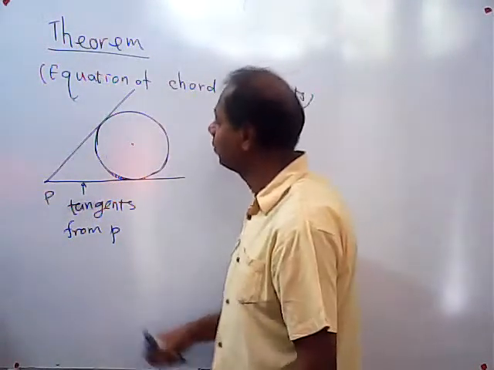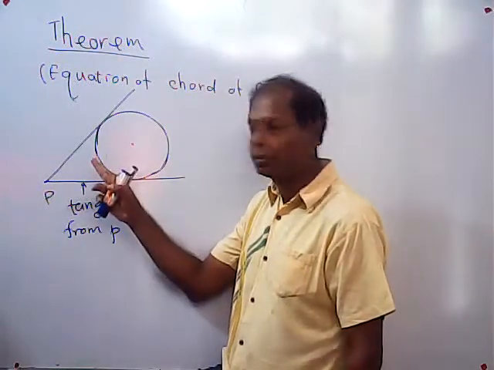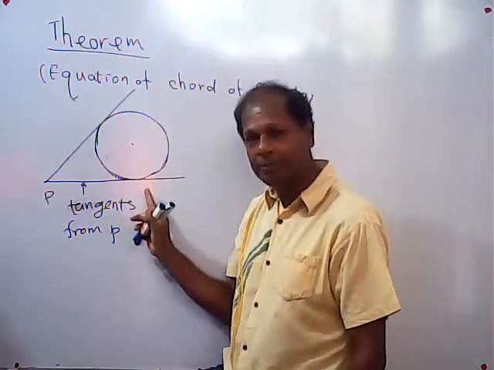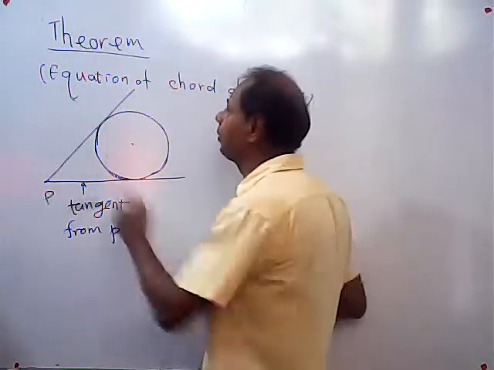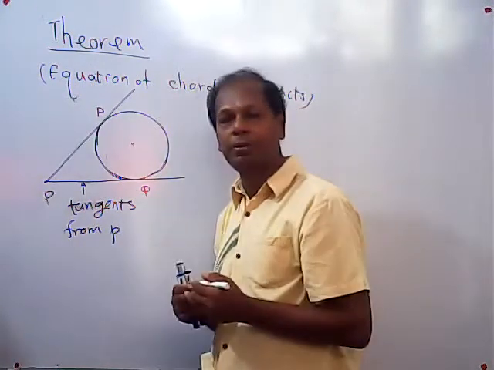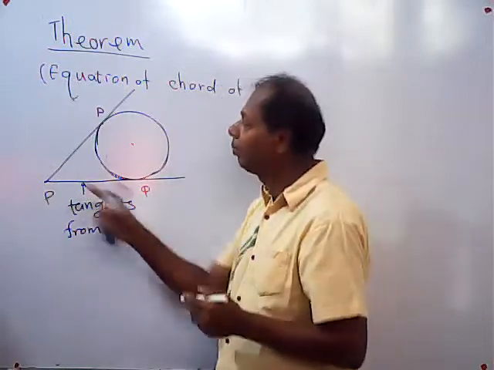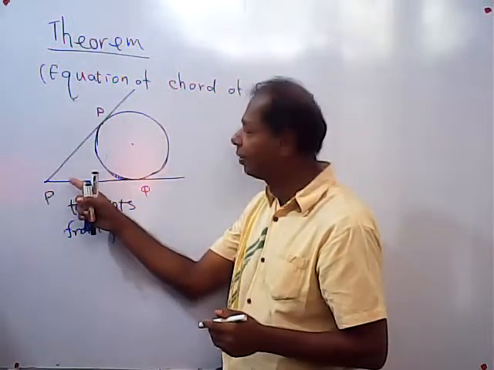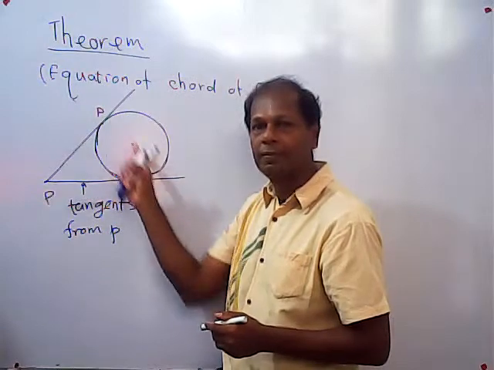Suppose that the two tangents meet the circle at points Q and R, the points of contact of these two tangents with the circle.